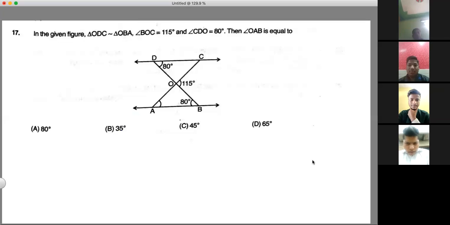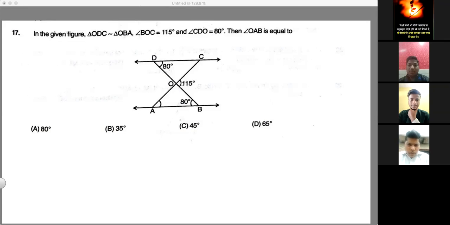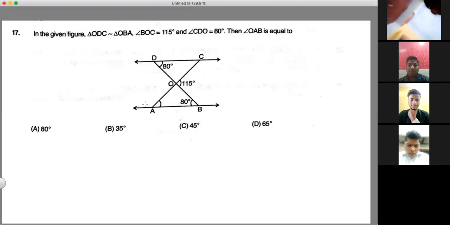Okay, let's do this one. In this figure, it is given that ODC is similar to OBA, and angle BOC is given to be 115 and CDO is given to be 80 degrees.